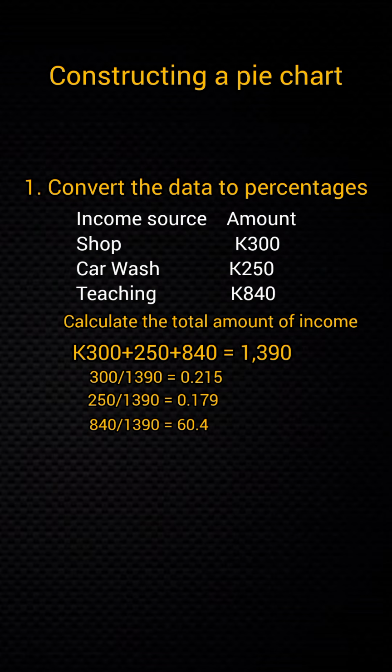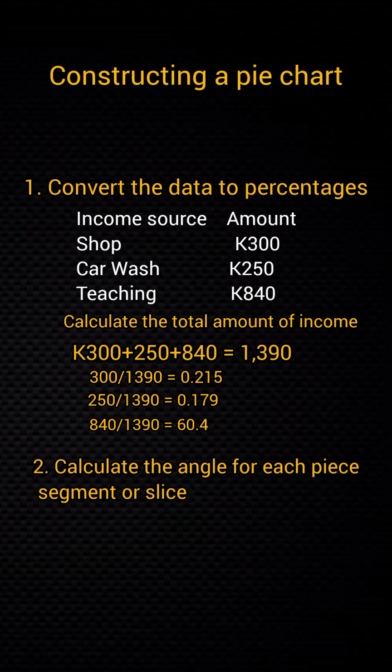The next step is to calculate the angle for each pie segment. Now remember that a pie is a complete circle which has 360 degrees. The angle for each segment is the percentage of that segment multiplied by 360 degrees, which is the total number of degrees for a circle.